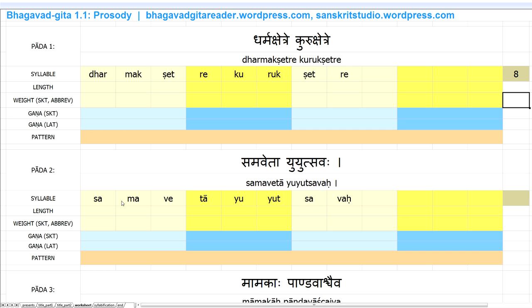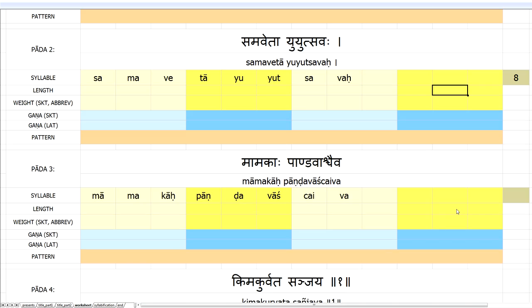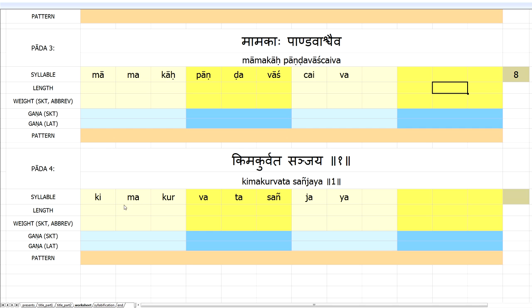Not should be, but 1, 2, 3, 4, 5, 6, 7, 8. And then we have 1, 2, 3, 4, 5, 6, 7, 8. And 1, 2, 3, 4, 5, 6, 7, 8. So we have 8 syllables in each pada.